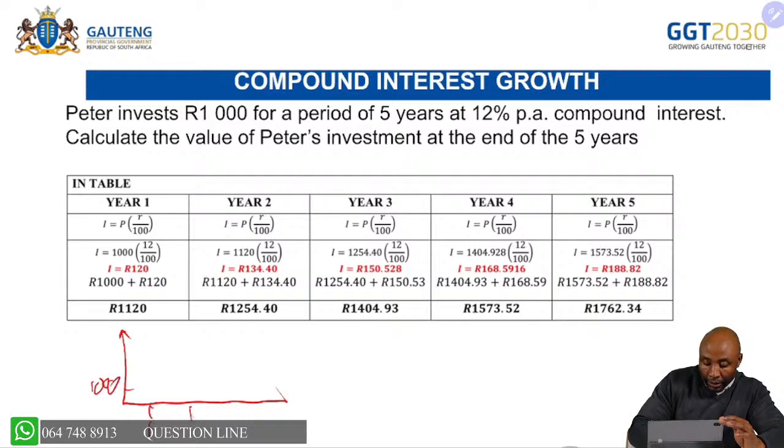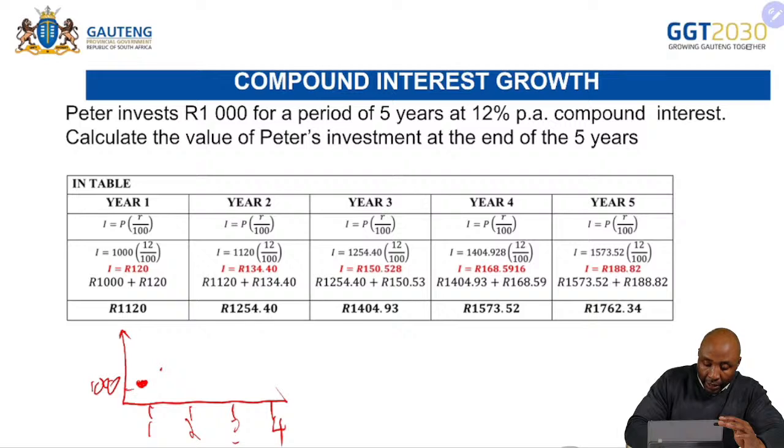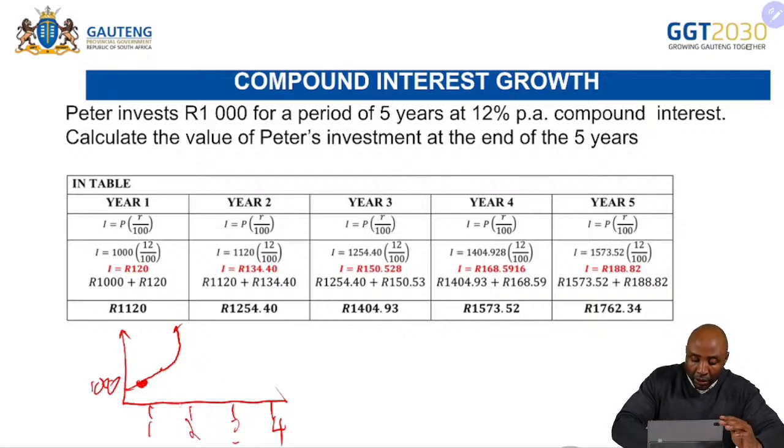Year 1, year 2, year 3, year 4. Year 1, we had 1,120. It's a point just above there. Year 2, we are having 1,254. And you will find out that the graph that you draw will take a shape like that. I know my space is limiting, but you will have more of an exponential growth like that.